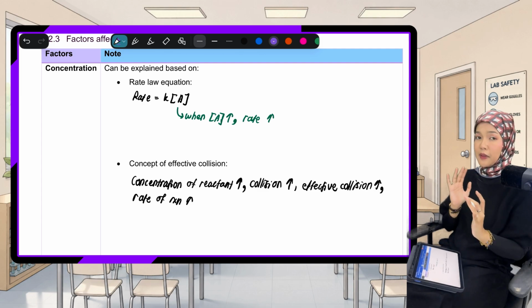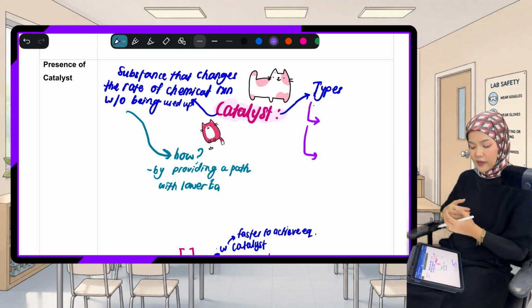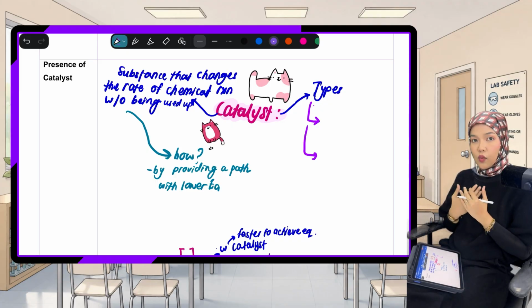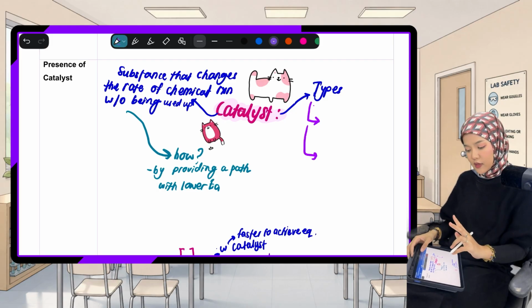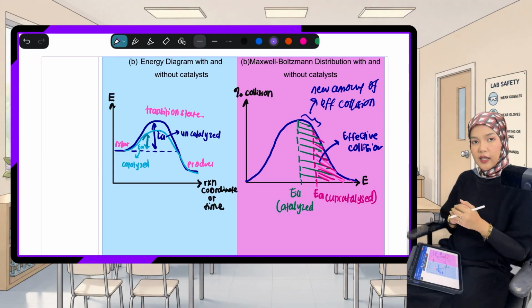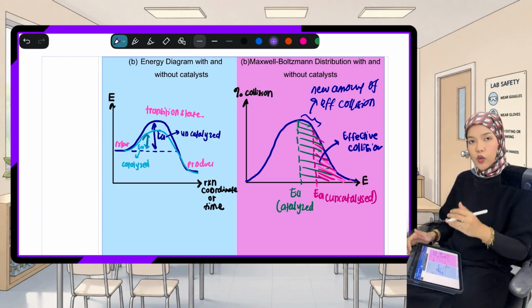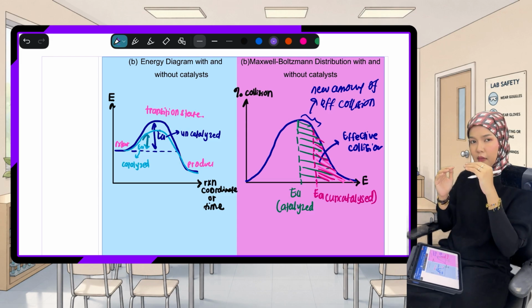How you explain that really depends on you. Secondly is the presence of catalyst. So what are catalysts? Catalysts are substances that change the rate of chemical reaction without being used up. We actually have 2 types of catalysts. Now, you can explain about the catalyst using an energy diagram or using the Maxwell-Boltzmann distribution. If you want to explain using the energy diagram, you have to draw 2 energy diagrams.